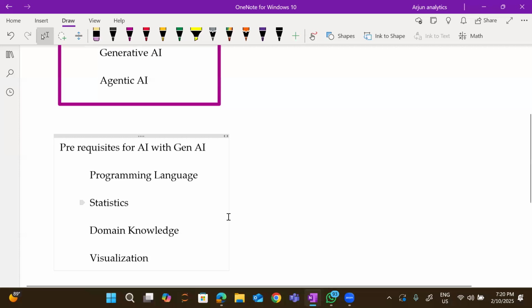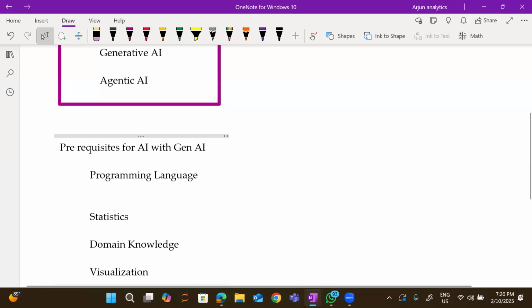See, when it comes to the programming language, we have many programming languages that support data science or artificial intelligence. Some of them are Python, next is R, next is Lisp.